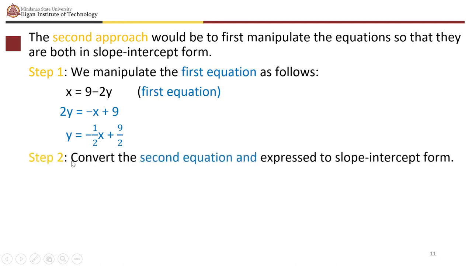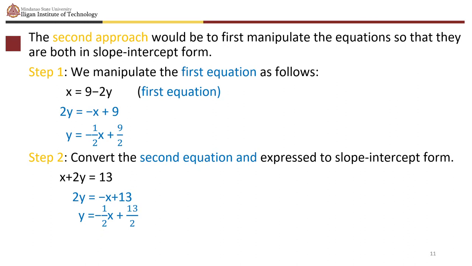To convert the second equation and express it in slope-intercept form, we have the following. The second equation is x plus 2y equals 13. That can now be rewritten as 2y equals negative x plus 13. That is y equals, dividing both sides by 2, negative 1/2 x plus 13 over 2.